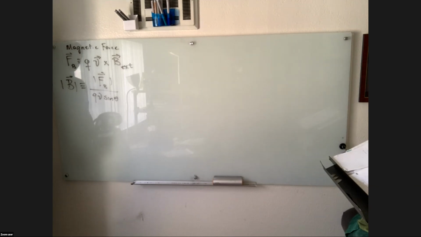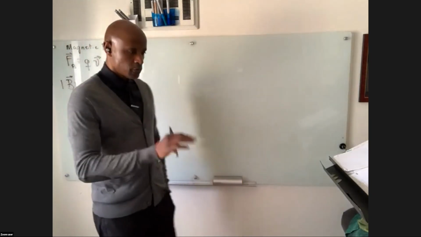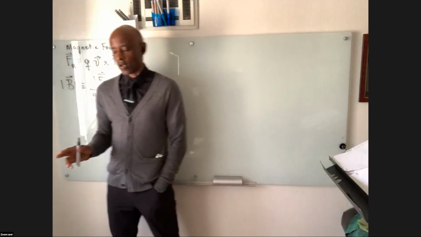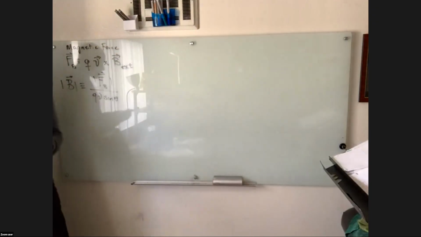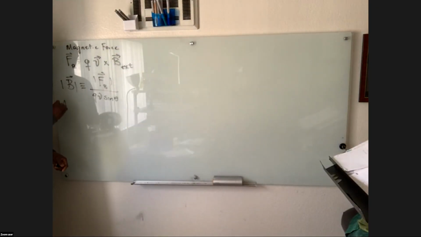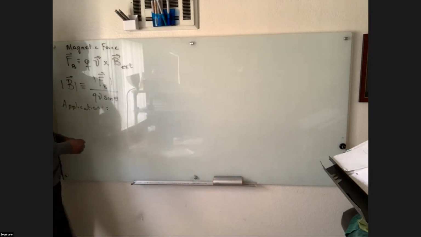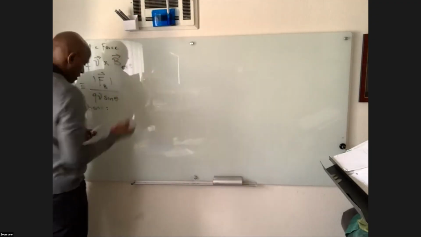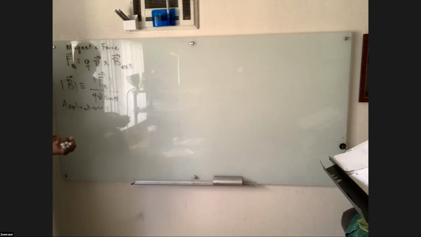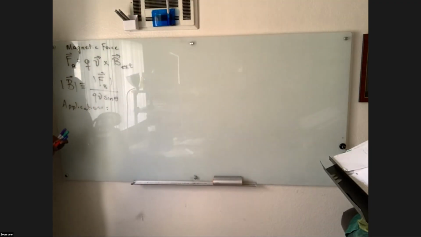Let's consider an application of the magnetic force with mechanics and Newton's second law. Let's say that we have a magnetic field in a region, and I'll put it on the board. So remember that notation.